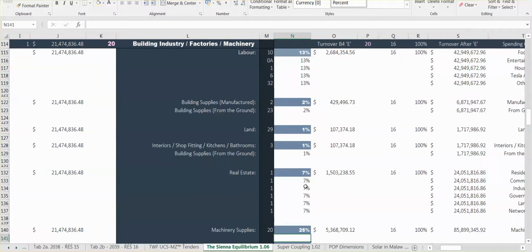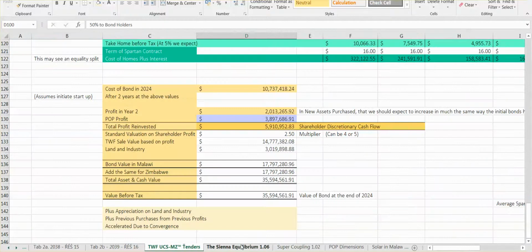Oh, okay, what I'm doing now is I'm going through all of the other sectors, seeing how much money is spent from this sector in the other sectors. Real estate, we've put that in there. This company is going to buy some real estate as an asset, and that asset actually becomes part of the pension of the Malawians who are working.